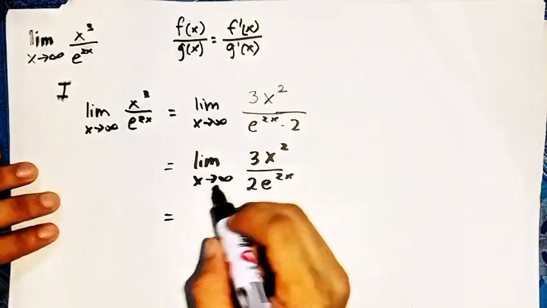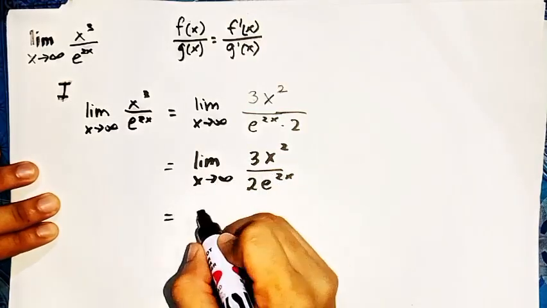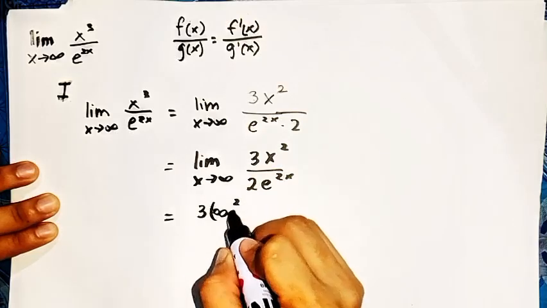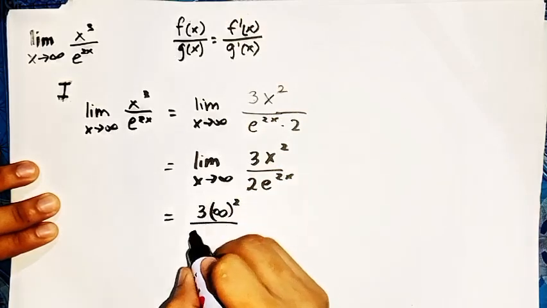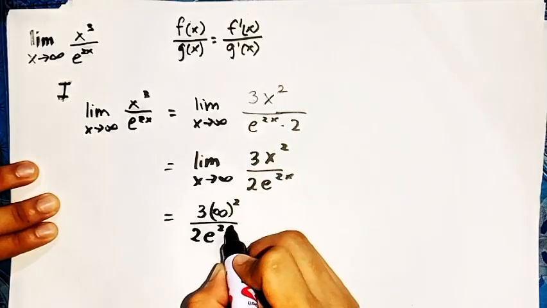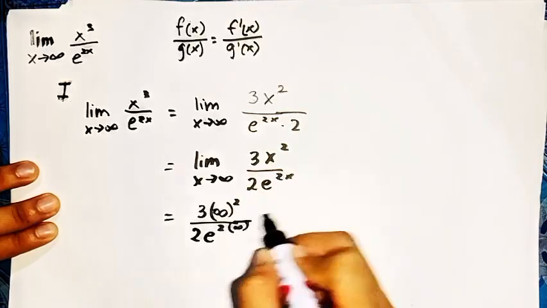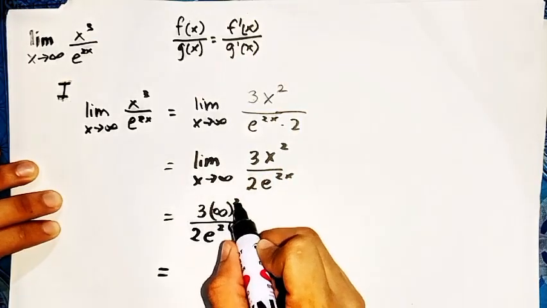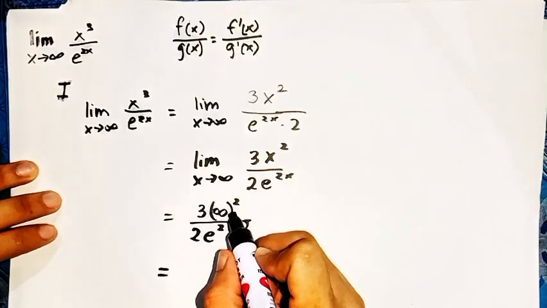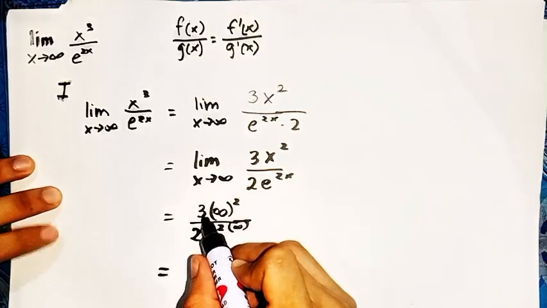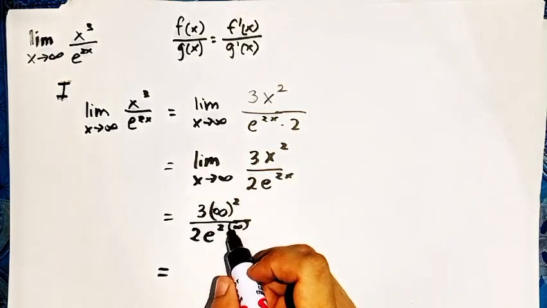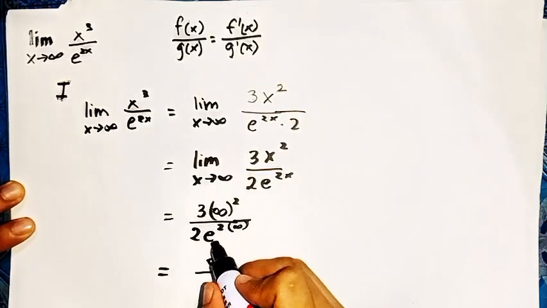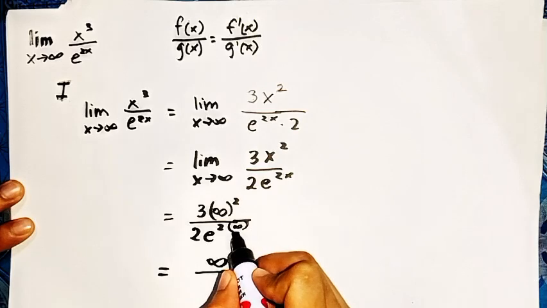Since we already found the derivative, let's substitute again the infinity to our x. So 3 infinity squared over 2e to infinity. Infinity squared is infinity, and infinity times 3 is also infinity. We have here 2 times infinity, which is infinity.